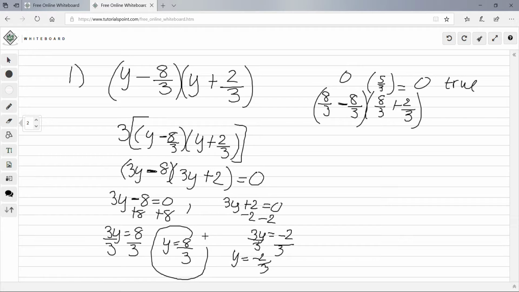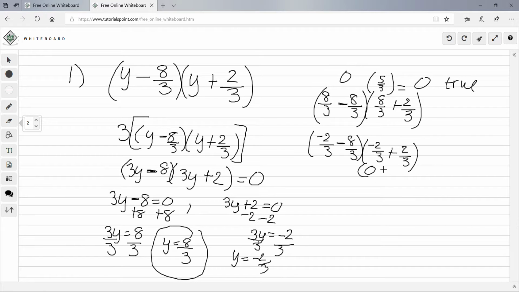Definitely true. Now let's try negative 2 thirds. So let's do negative 2 over 3 minus 8 over 3, and then negative 2 thirds plus 2 thirds. So negative 2 thirds plus 2 thirds is 0.